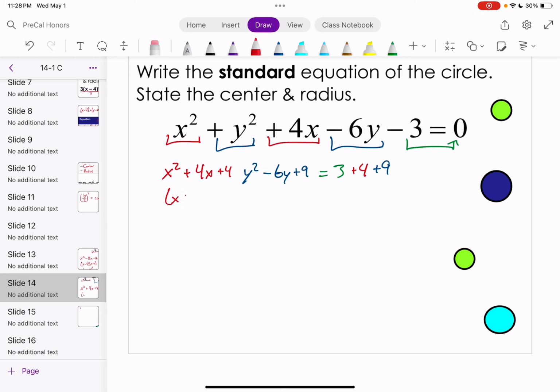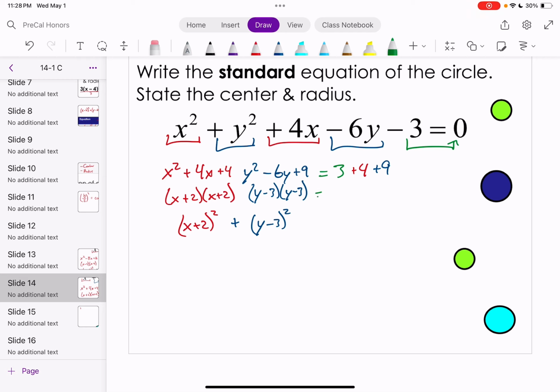Here, this will leave you with x plus 2 squared. Your y's would be minus 3's. So y minus 3 squared.